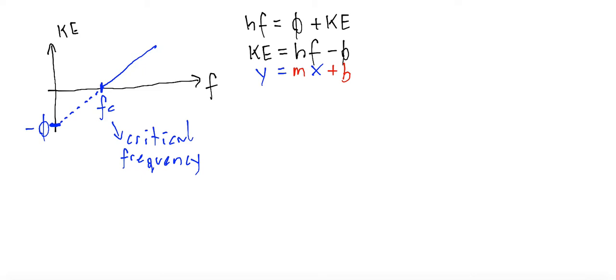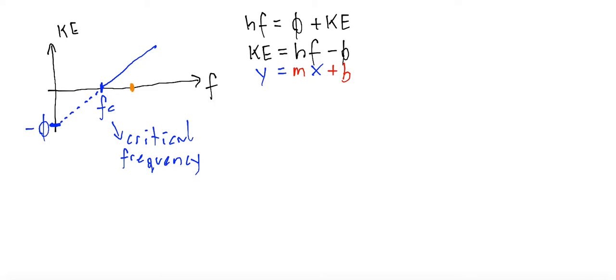So what happens if we have another surface? Let's imagine that now another surface is illuminated by light, with a bigger work function. If we have a bigger work function, then more energy is needed, so a bigger critical frequency.